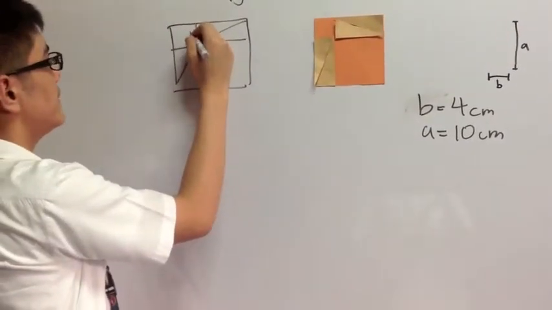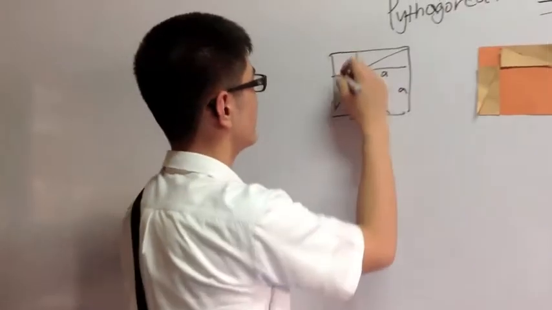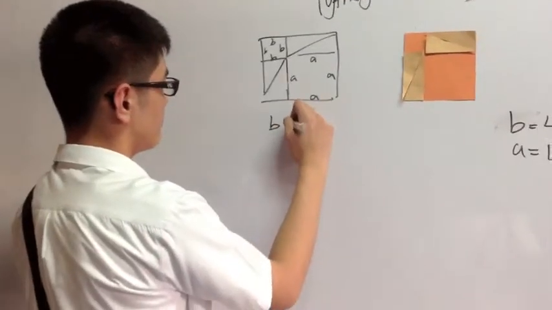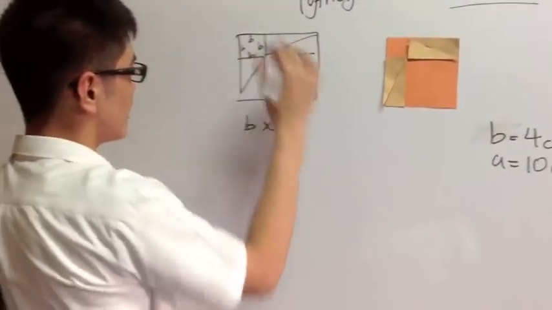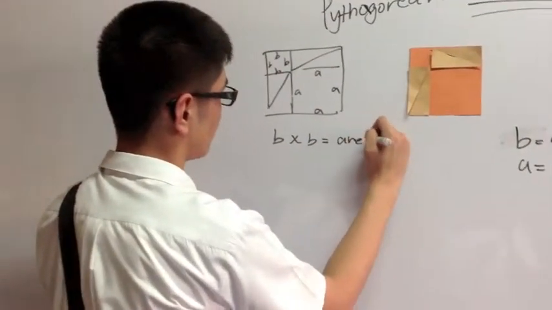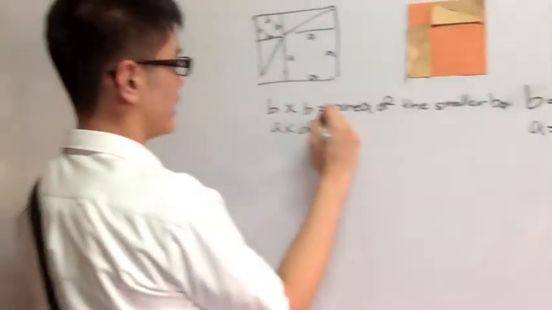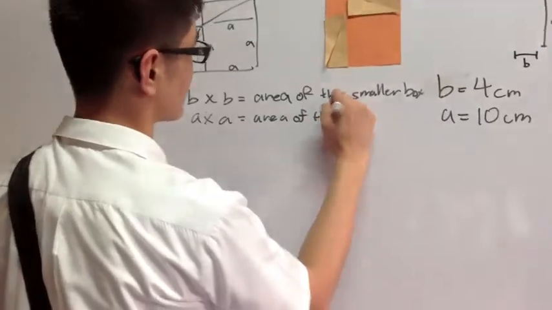So B, B, A, and A. B multiplied by B would be equal to the area of the smaller box, and A multiplied by A would be the area of the bigger box.